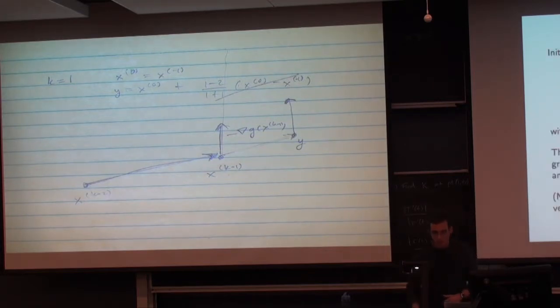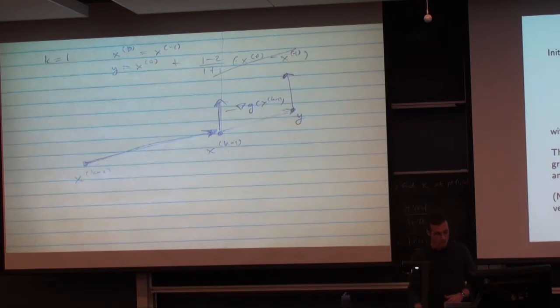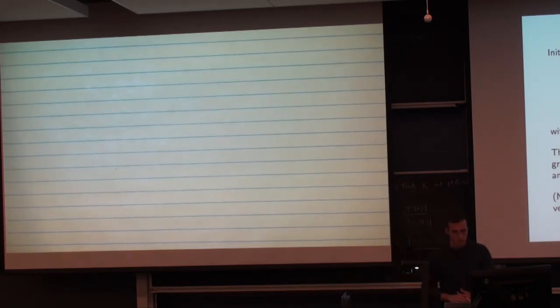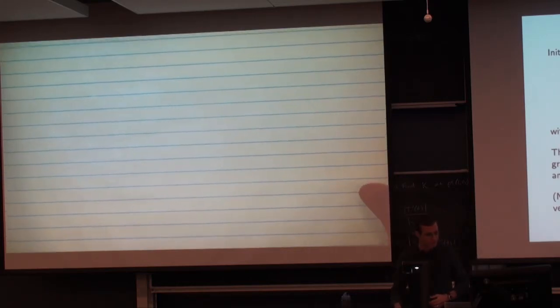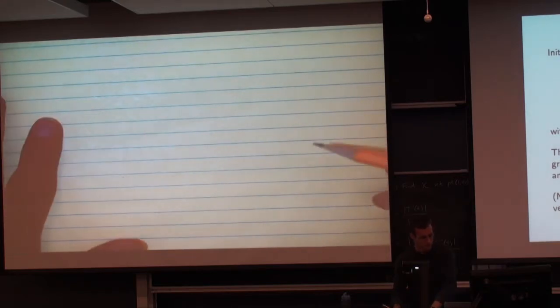So here's a way that we can reformulate what's going on, and it turns out this makes it a lot easier to prove the algorithm's convergence, and it makes it easier to connect what we did today in lecture with what you might read in one of the papers that I referenced at the end, because the formulations are a little bit different, but they're equivalent, as we're going to show.